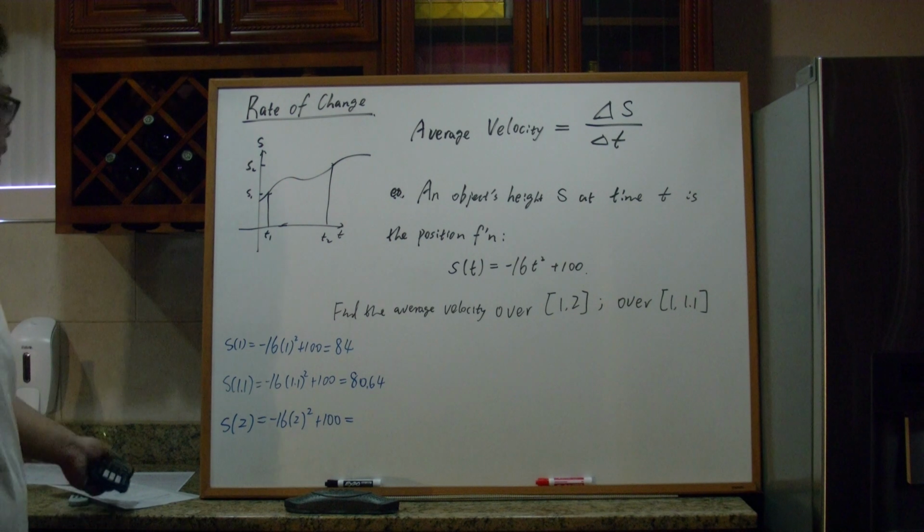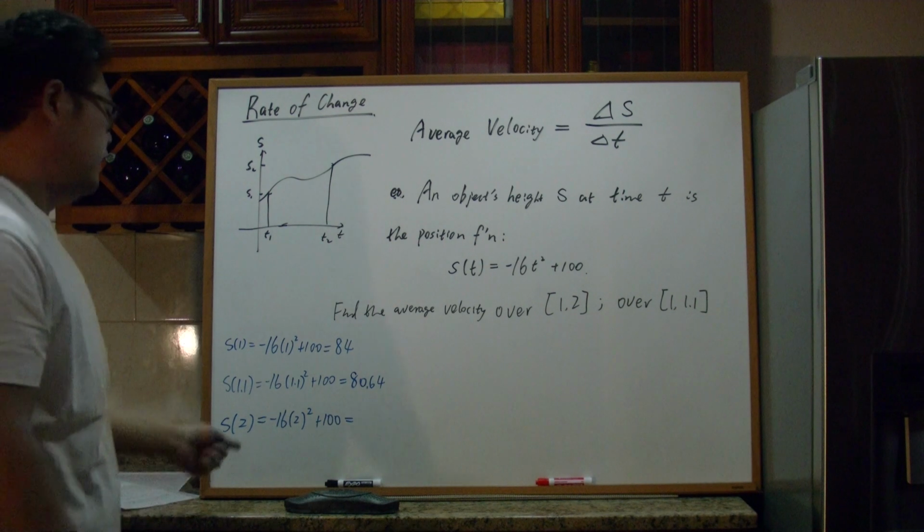And the third one, negative 16 times 2 squared plus 100 is 36.